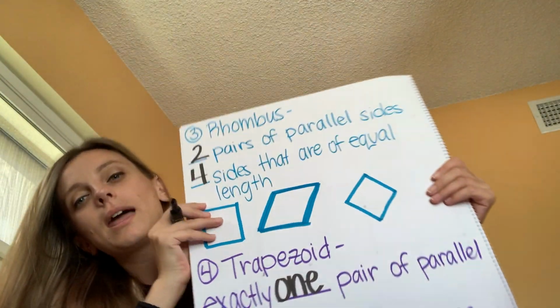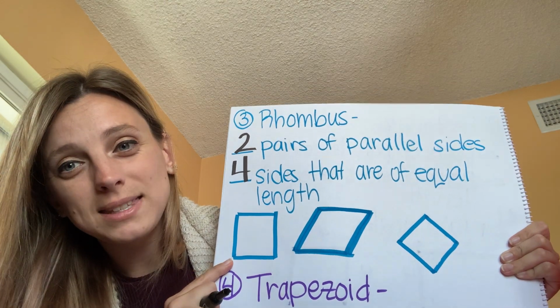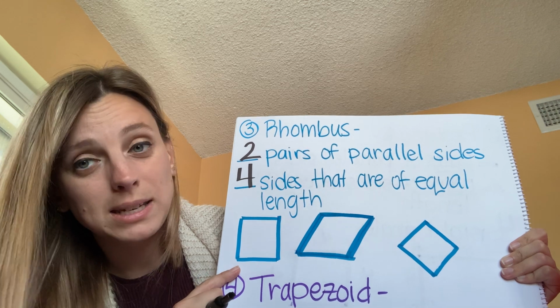Now we're ready to jump into some terms that we maybe aren't as familiar with. First, let's take a look at a quadrilateral called a rhombus. Now, these are some examples of a rhombus, and you might say that they look a little bit different than you might compare squares or rectangles to one another.